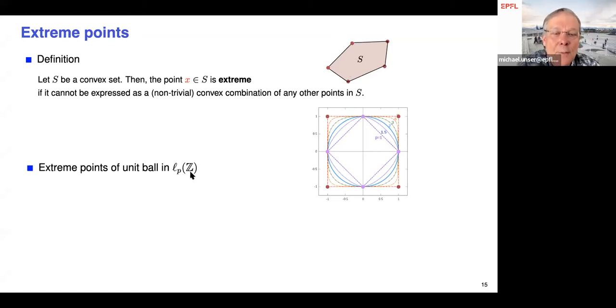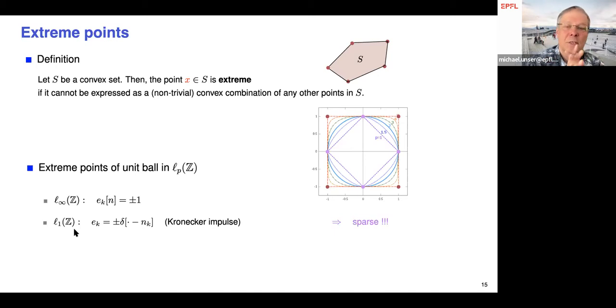If we look, for example, at Lp spaces, here you have Lp balls in 2 dimensions, and this is the locus of all the points that are at distance one from the center. Now, what can we say? For example, for L infinity, the extreme points are those 4 points here in red, and so the square is just the convex hull of those 4 extreme points.